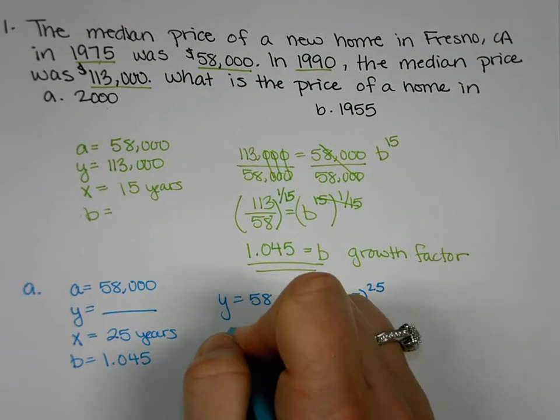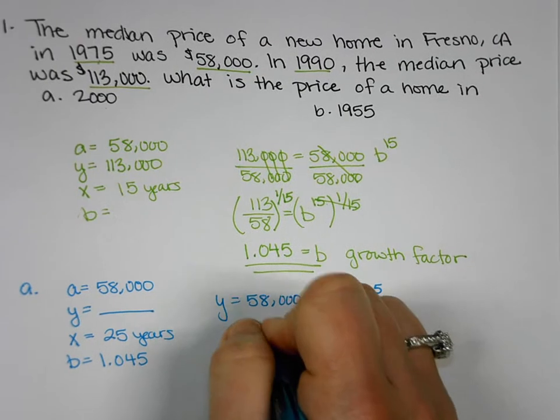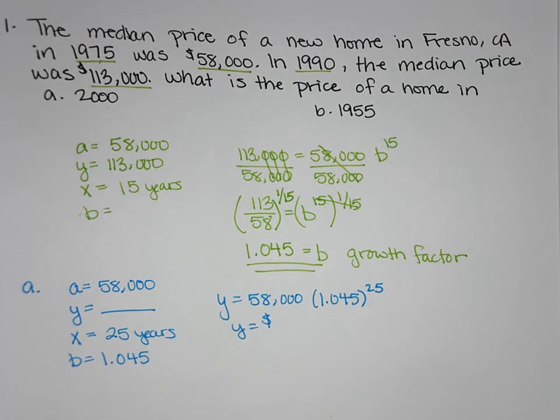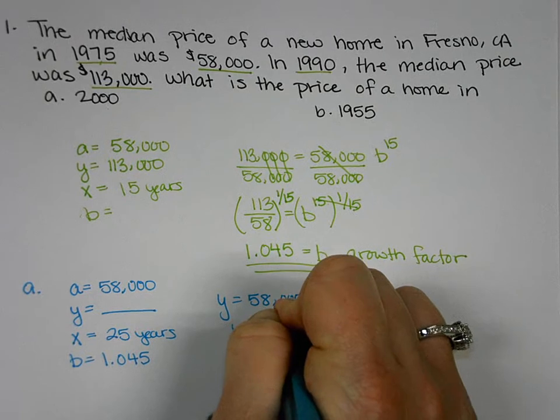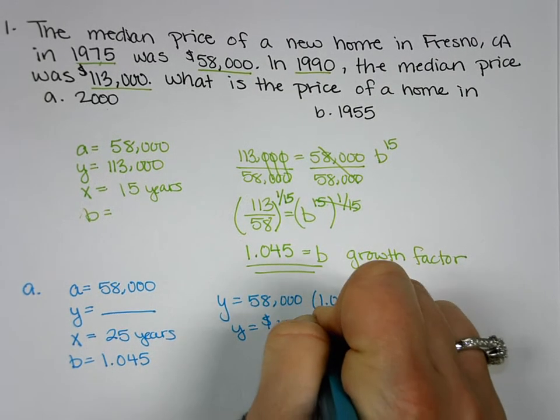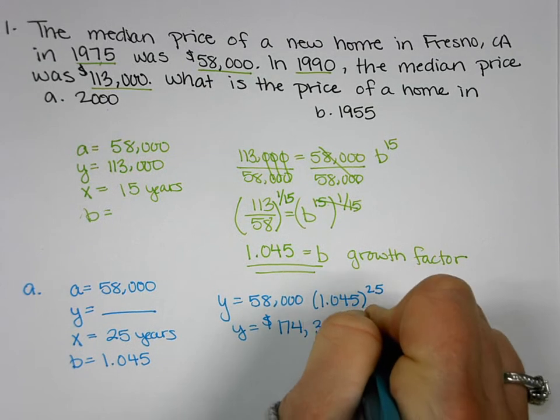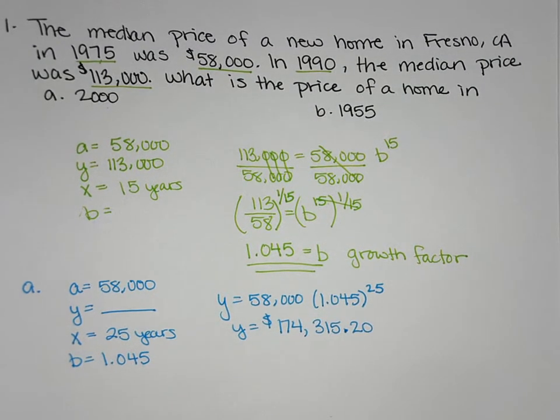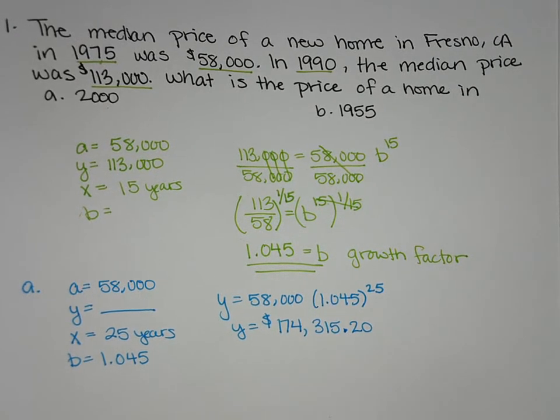So when you type this in, you find that in the year 2000, houses on average were $174,315.20.